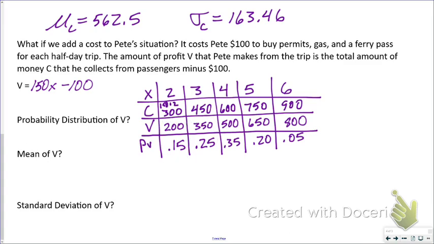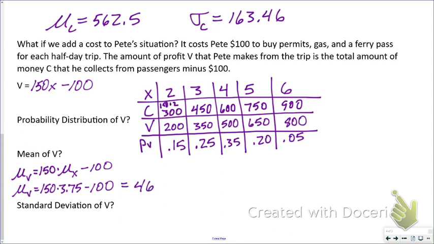But a nicer way is to go mu v equals 150 times mu of x minus 100. So I already know what that first term is. I know if I flip the page, look at the bottom, it is 562.50. So really, all you have to do is subtract 100, and that is the mean profit.